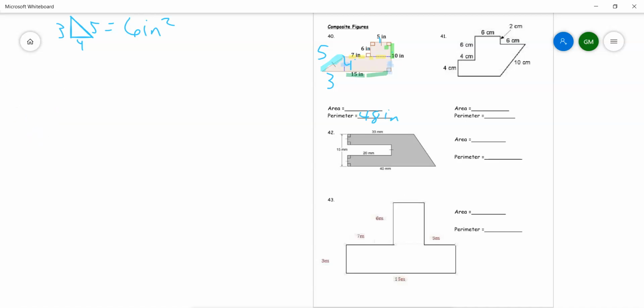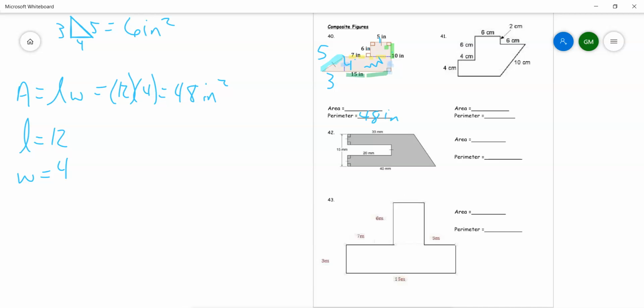Our other two areas are going to be fairly simple because they're both rectangles. This rectangle here is going to have a length of 12 and a width of 4. So 12 times 4, that's 48 inches squared.